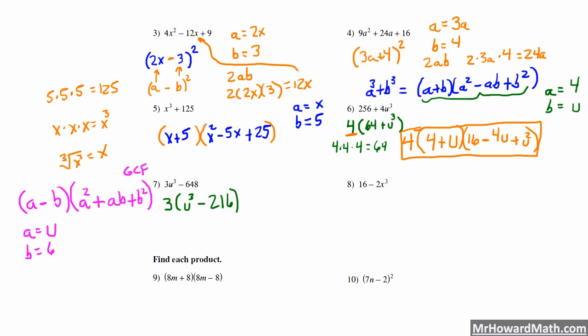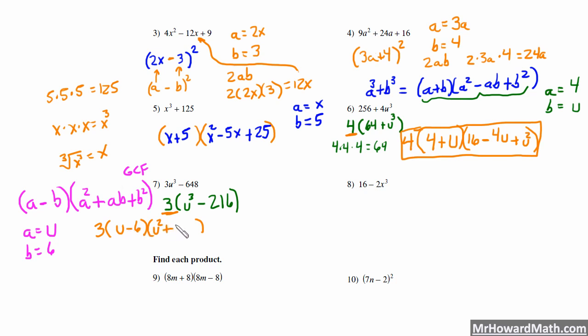Okay, so now all we have to do is fill in the pattern. It's going to be u minus 6, and we cannot forget the 3 out in front, so let's put that in right now. And then we put our trinomial in. Remember, these signs alternate, so it's going to be a squared, which in our case is u squared. And then we had a minus here, so we've got a plus here.